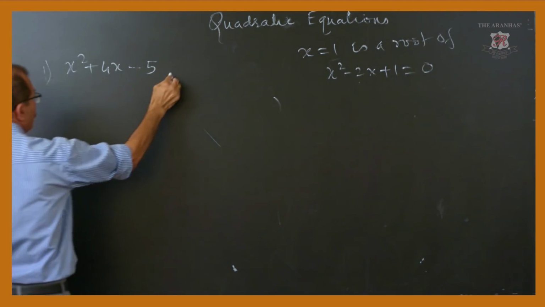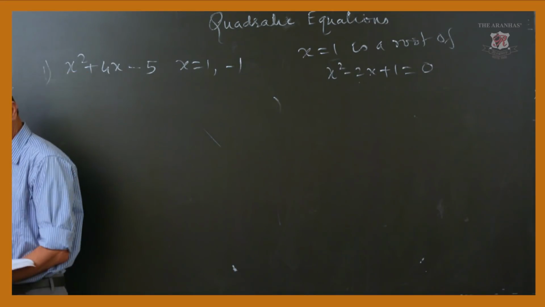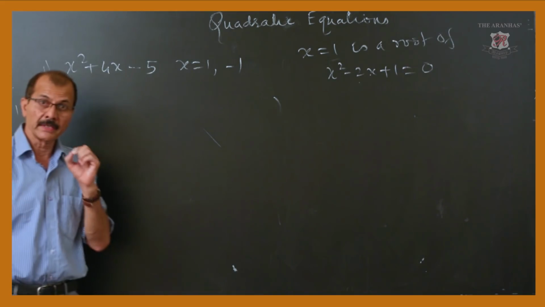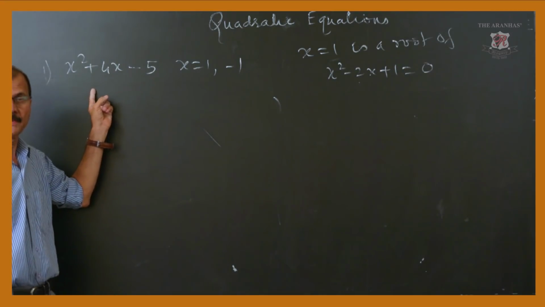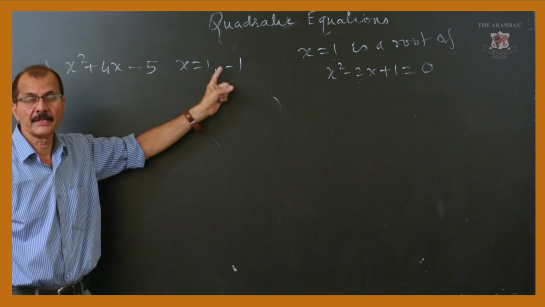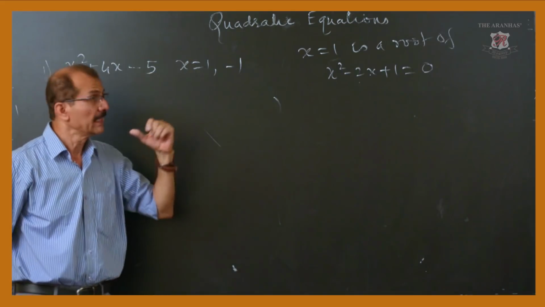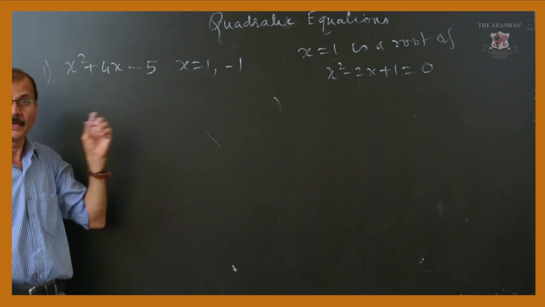And you have to check for x equal to 1 and minus 1. So, try to understand what is the sum given. You are given this polynomial, you are given these values of x equal to 1 and minus 1. You are asked to check whether these are the roots of the given equation.